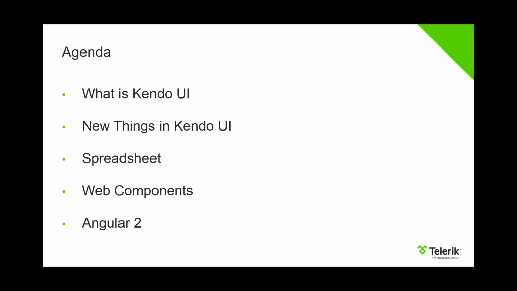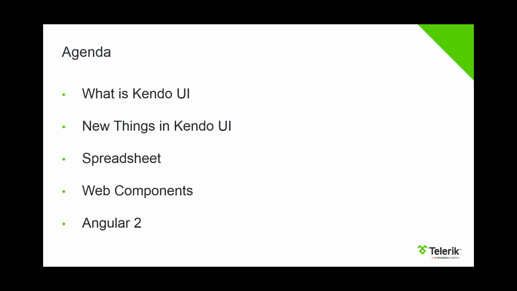So today's agenda is very lightweight. I normally keep things light. We're going to look at what is Kendo UI. If you are familiar with Kendo UI, it will be a lap around, but for those of you listening to the word Kendo UI for the first time, I'm going to give you a brief intro.